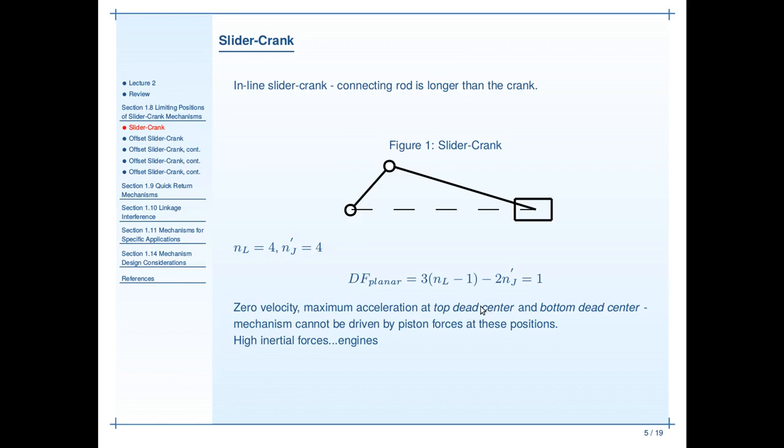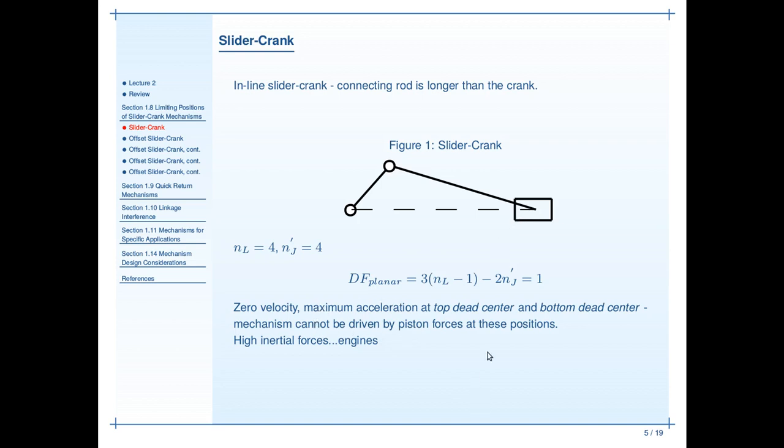These are the positions where the piston is either, for top dead center, as far away from the center of rotation as it can get, or for bottom dead center, as close to center of rotation as it can get. And it's easy to see, if you apply your imagination to this, that at those points, the piston has 0 velocity, but it's about to start moving very quickly, so that's where it has the maximum acceleration.